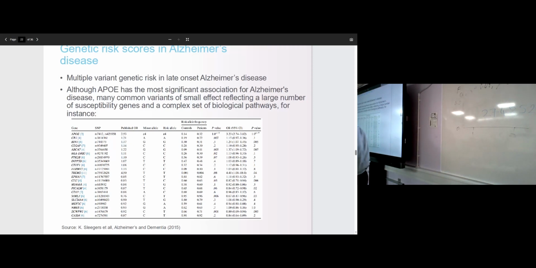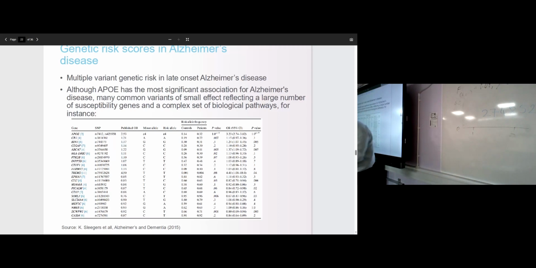So genetics is never going to say you are going to have it or you are not going to have it. What it's going to say is you have X times probability to develop it compared to average. And that becomes quite confusing, especially for clinicians, because it's difficult to communicate to patients, and it's also quite confusing that you may find low-risk individuals that still develop the disease and high-risk individuals that don't develop the disease.